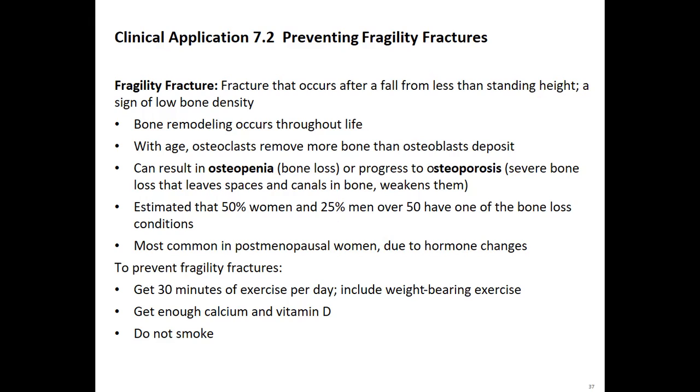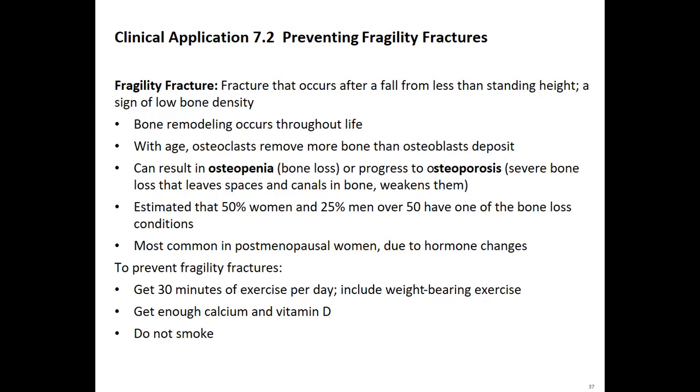In order to prevent fragility fractures, continue to exercise throughout the rest of your life. So if you can start to get in the habit of exercising now, doing activities you love, doing activities that become more habitual for you so you don't have to think about it, exercise a little bit every day, be active and move. Including weight bearing exercises is going to help these osteoblasts to consistently build bone according to the stressors that you are putting on it.